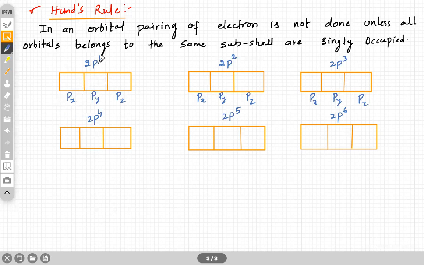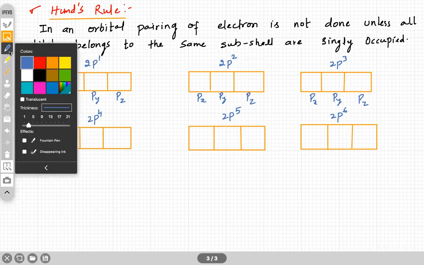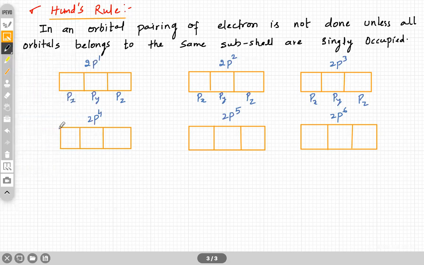Now when we have the 2p1 configuration, it means one electron is trying to fill into this orbital. It is trying to occupy the space in this orbital. So this electron can go into any one of these orbitals, we do not know which, right? It can go into px, py, and pz because all three orbitals have equal energy.